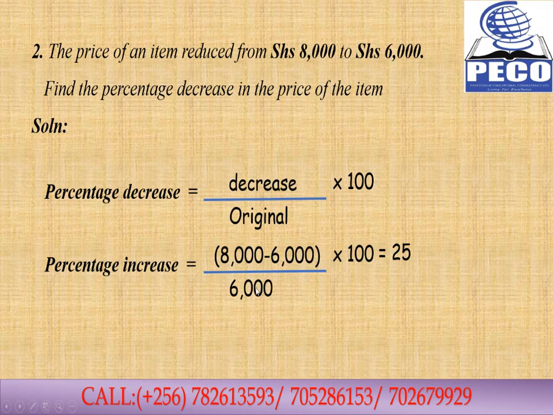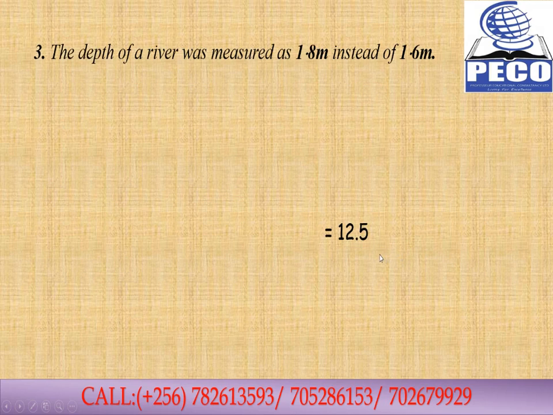So 2,000 out of 8,000, that is a quarter, times 100, and that will give us 25%. Because the original value is not 6,000, it is 8,000. And once you take 2,000 out of 8,000, it will give us 25%.